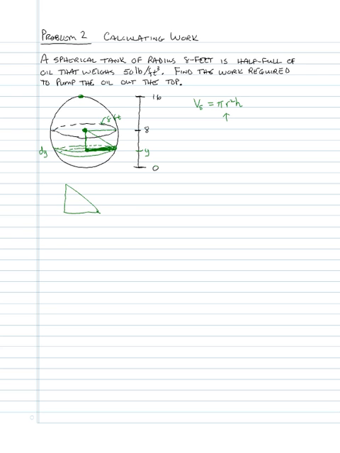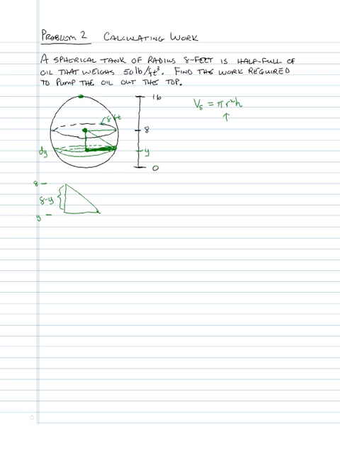Now, this value, let's remember, this is at the y level, and this is at the level 8, isn't it? And so this distance, I claim, is 8 minus y. That's the height of that little triangle that I've drawn. And it's a right triangle.